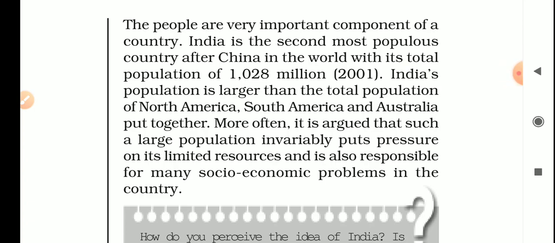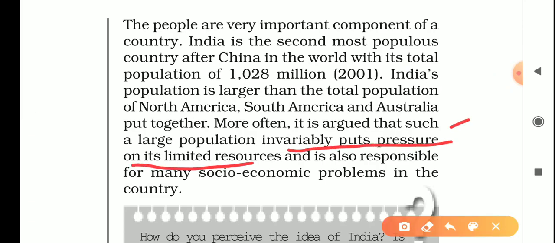As we all know that India is the second largest country in population, so it is obvious that if we join many countries' population, then still India will have the larger population. Moreover, it is often argued that such a large population invariably puts pressure on its limited resources, and it is also responsible for many socio-economic problems in the country.